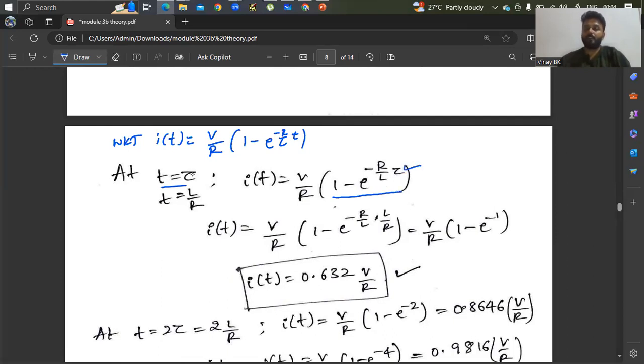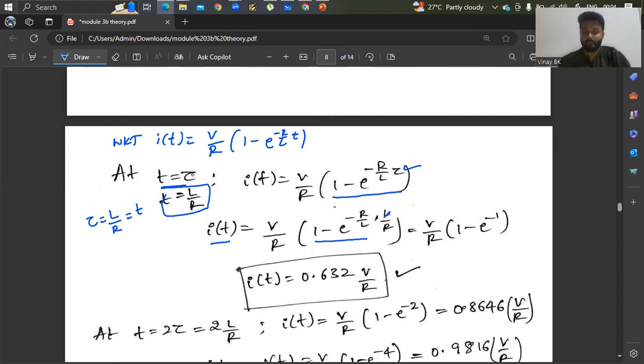Also you know that tau is nothing but L by r. So where there is tau, you substitute L by r.